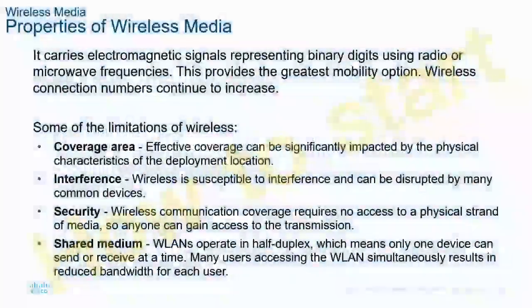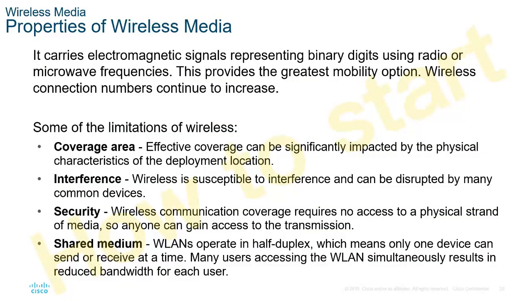Moving on is our wireless networks, our wireless media. Again, our wireless will carry an electromagnetic signal representing binary through the airwaves, provides greater mobility. Limitations are going to be how far the wireless can go, coverage area. If there's anything interfering with that, that's interference.